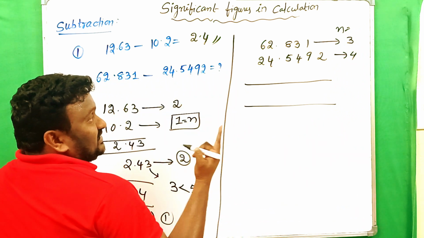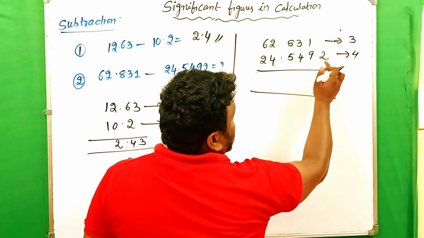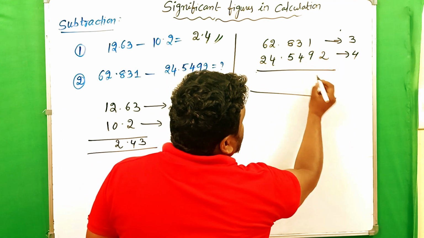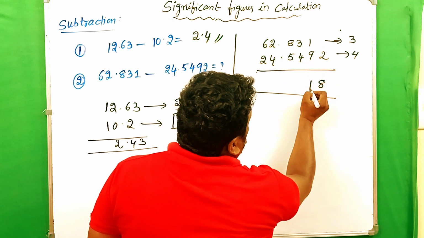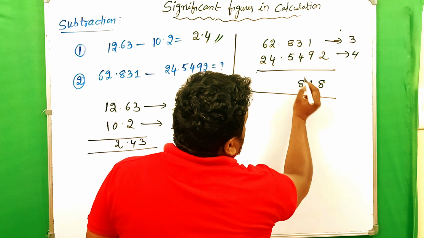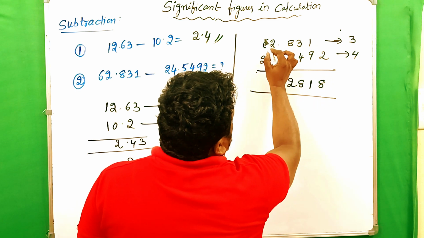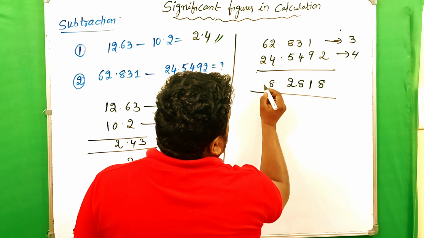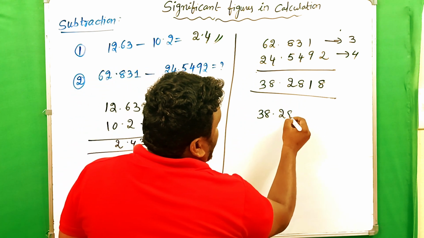That's why the result is also going to be rounded up to 3 decimal places. 0 minus 2, and 10 minus 2 means 8. Here 0 minus 9, that means again 10 minus 9 is 1. 12 minus 4 is 8, and 7 minus 5 is 2, and again 12 minus 4 is 8, 5 minus 2 is 3. Now 38.2818.